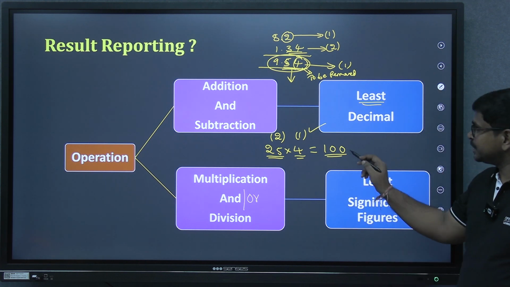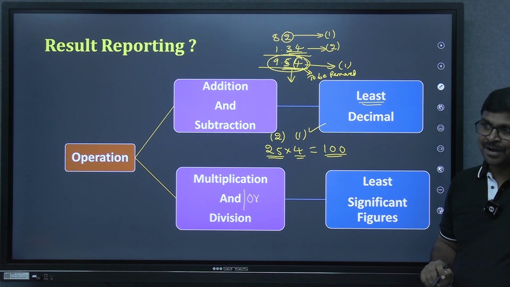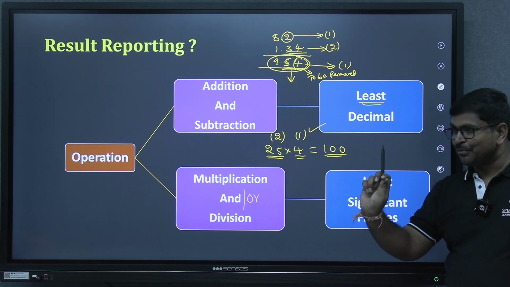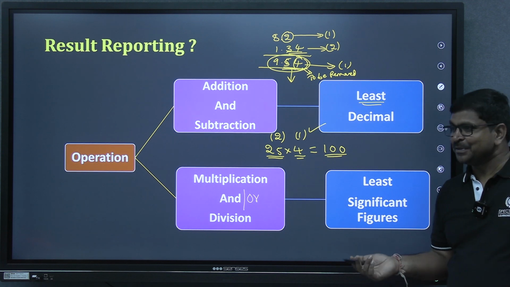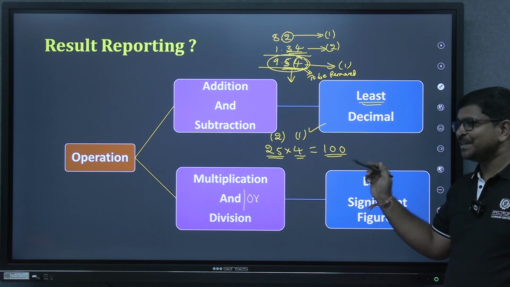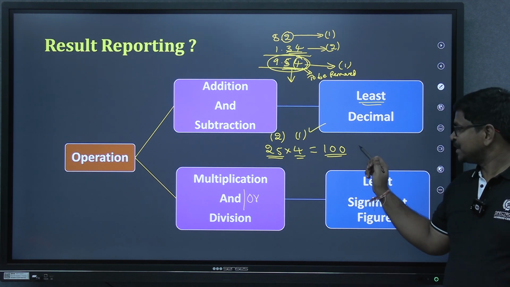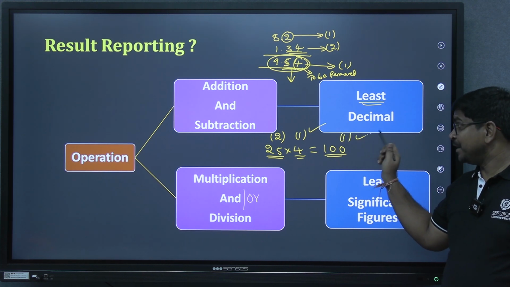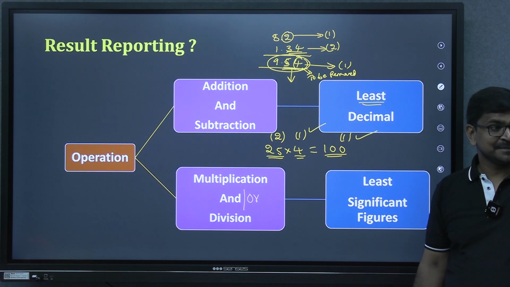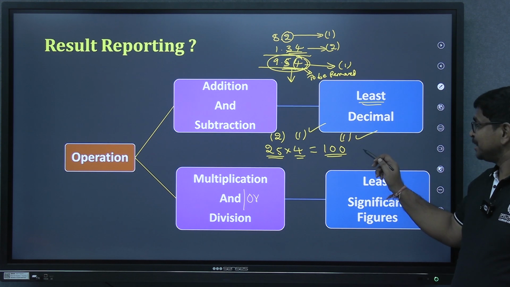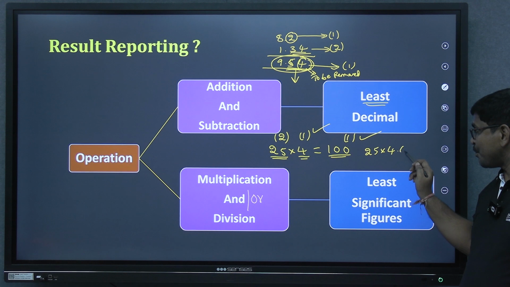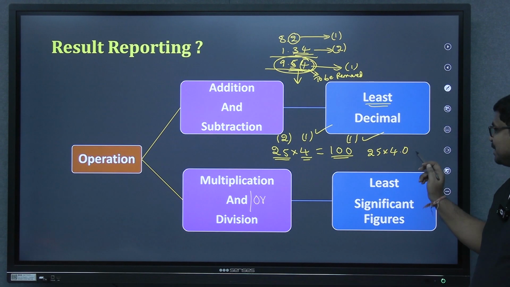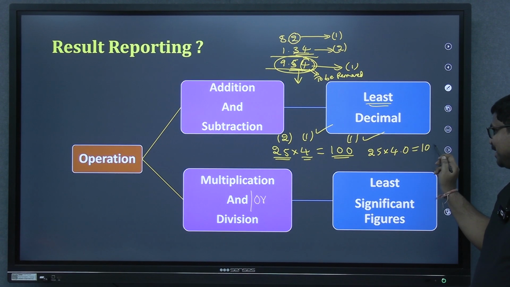How many significant figures here? A value 1, B value 0, C value 0; A plus B plus C is 1. So this also has 1 significant figure, it is valid. But in another case, suppose it is 25 times 4.0, what is the answer actually? 100.